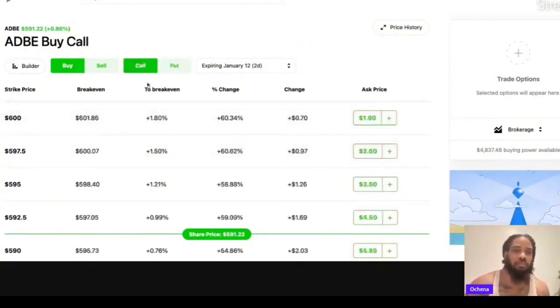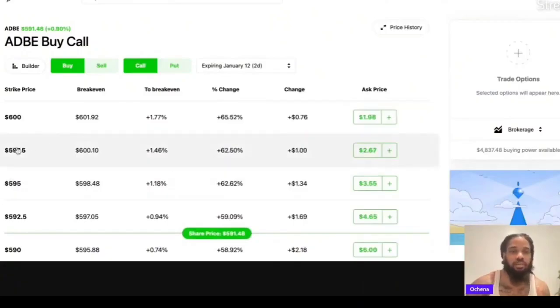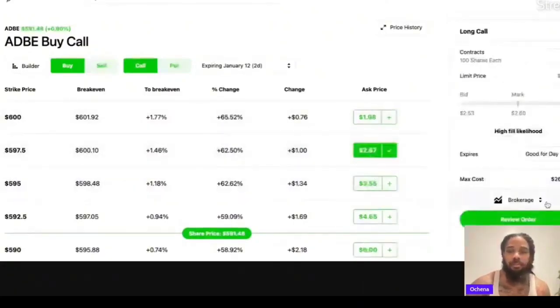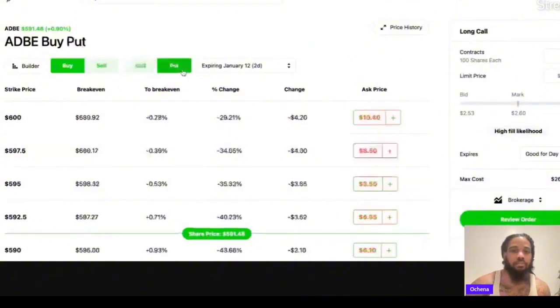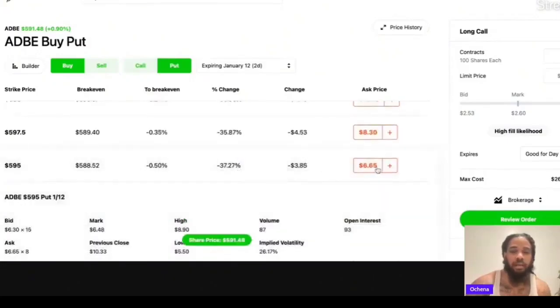So if you're betting that it's going to go up, you hit the call option, choose one of the strike prices over here, and then you could decide if you want to buy it or not. If you want to bet that it's going to go down, you go to the put, go to one of these strike prices, and then you could buy it or not.